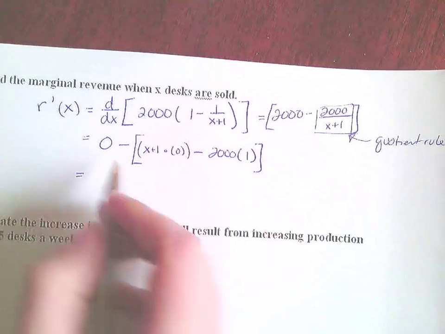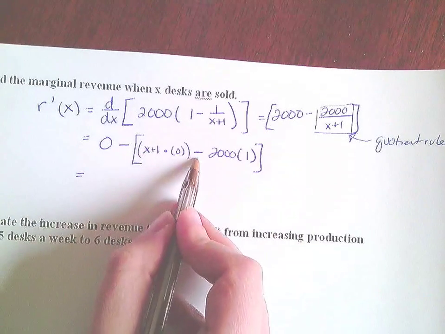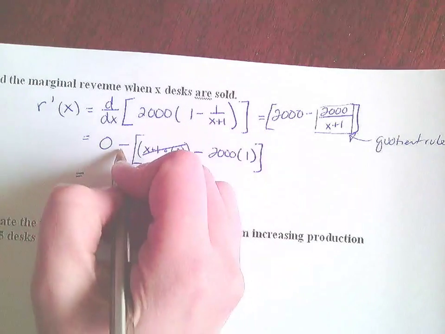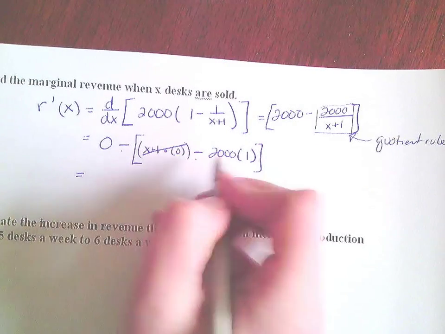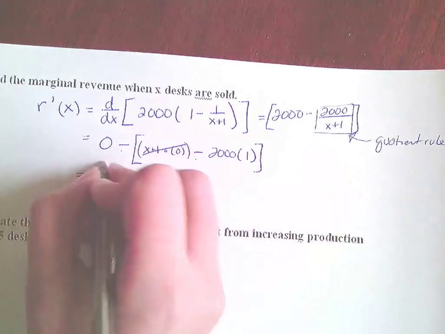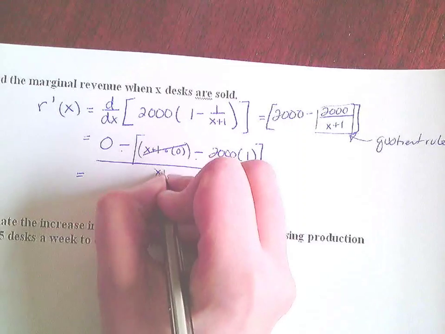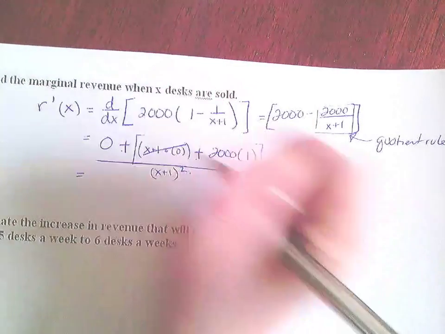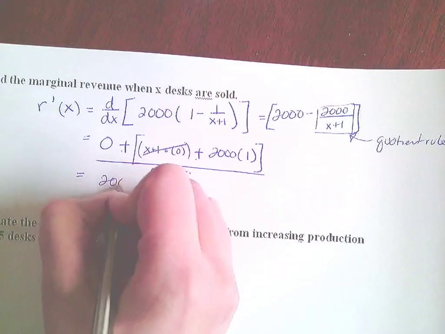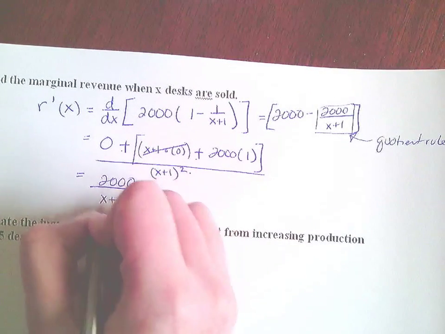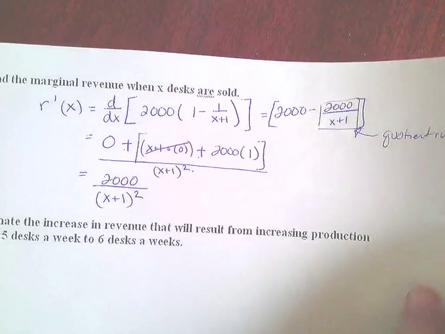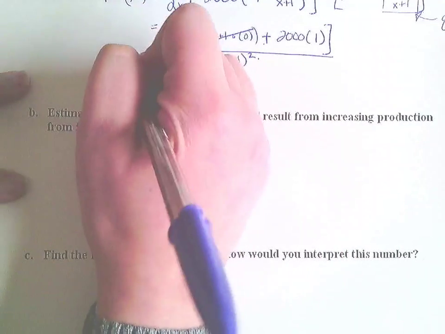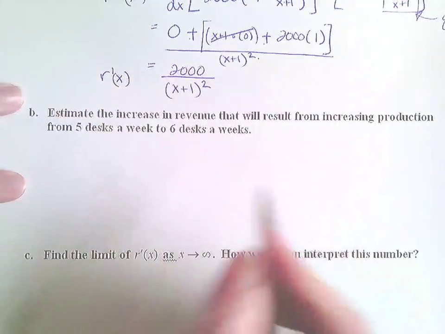So when this cleans up, that first term ends up being 0. Almost forgot, all of that is divided by x plus 1 squared. This negative and this negative make this guy a positive. So that's just going to be 2,000 over x plus 1 squared. So that is the function of the marginal revenue.